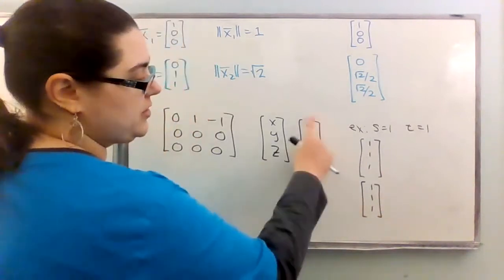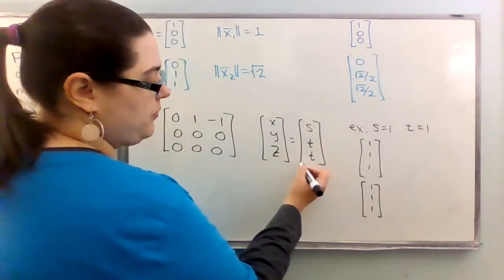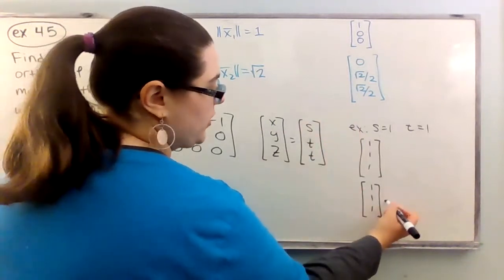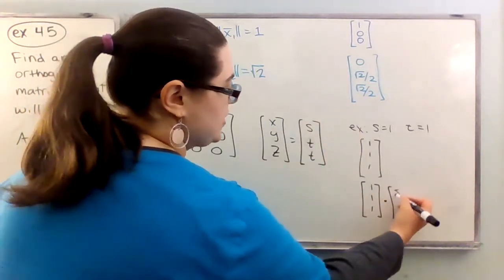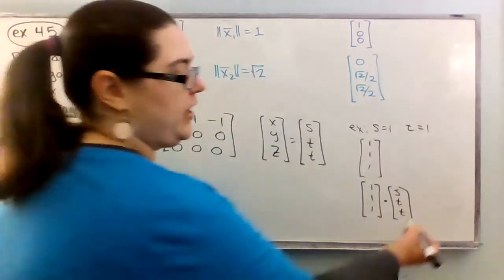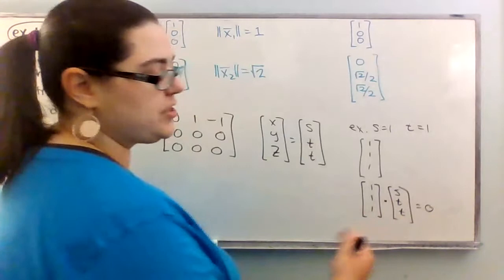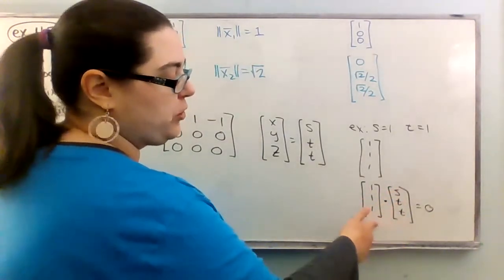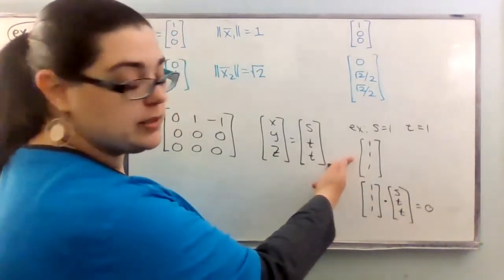Now this is essentially the crux of what our space is looking like. So I'm going to dot that with s, t, t. And I need that dot product to be 0 because this new one that I find, this new s, t, t, has to be orthogonal to this one that we picked.